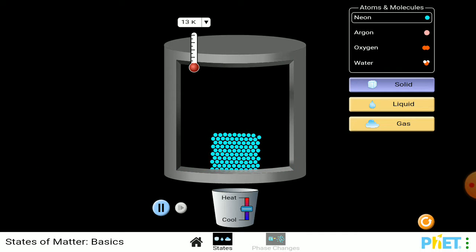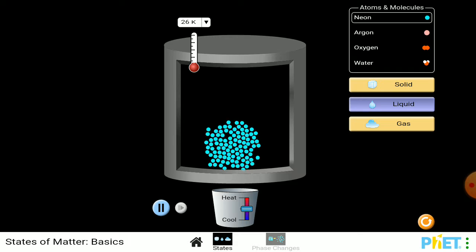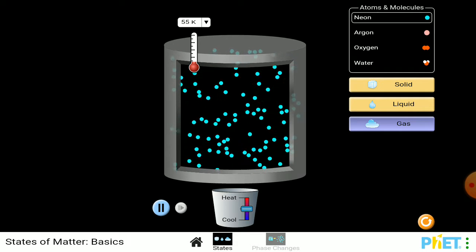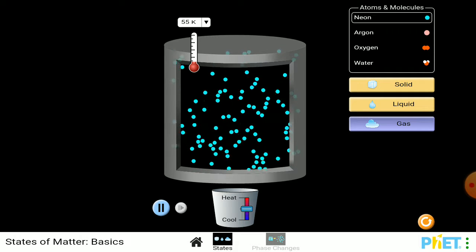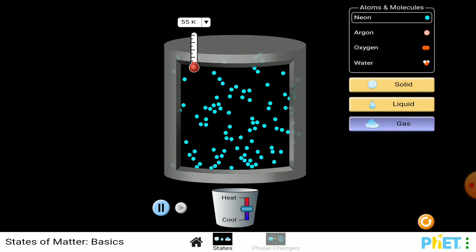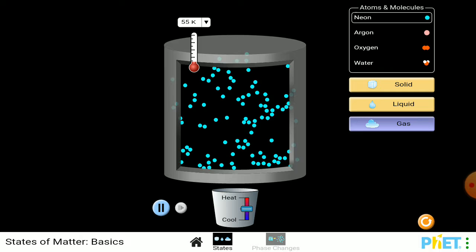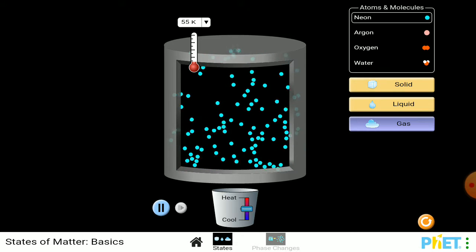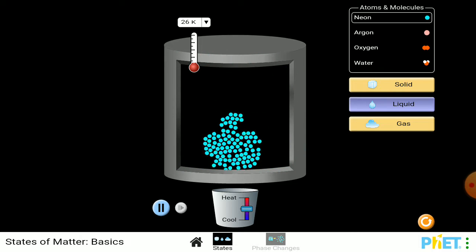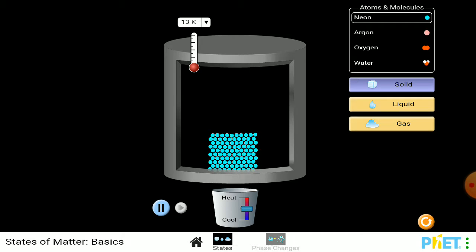In solid state they are like this, in liquid state they are medium, and in gaseous state they are far separated from each other. The temperatures are here for you: 55 Kelvin in gaseous, in liquid 26 Kelvin, and 13 Kelvin in solid. Then you can see atoms and molecules: neon, argon, oxygen, and water.